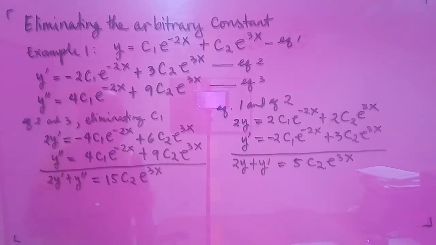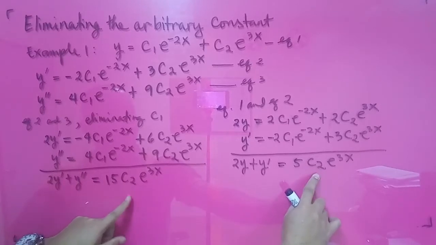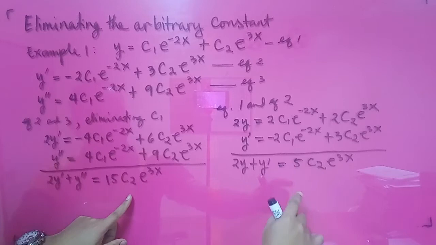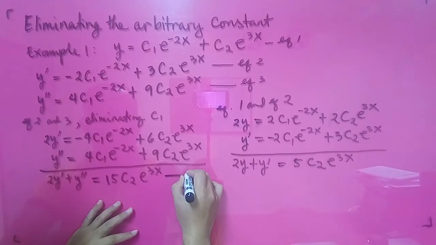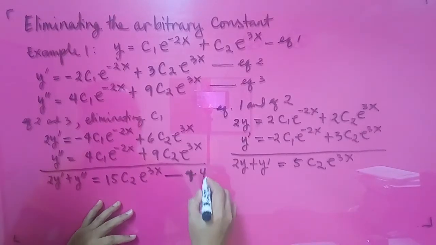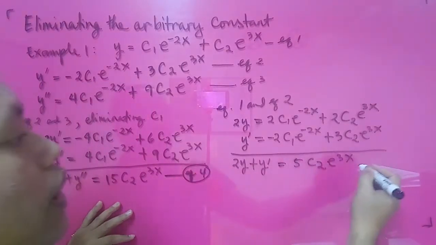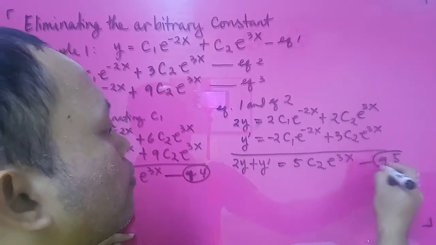Now, if you have noticed, we only have one constant. So what we will do this time is to combine these two equations. We will call this one equation 4, and this one equation 5.